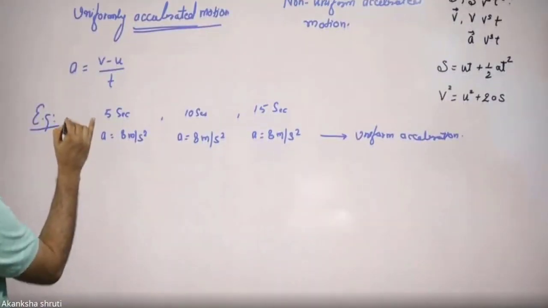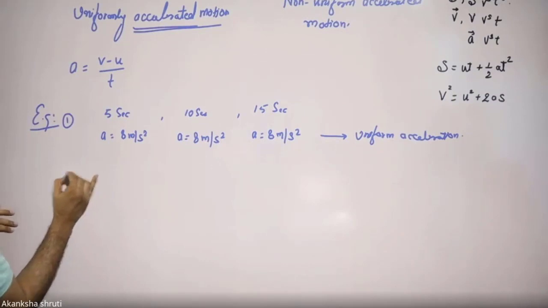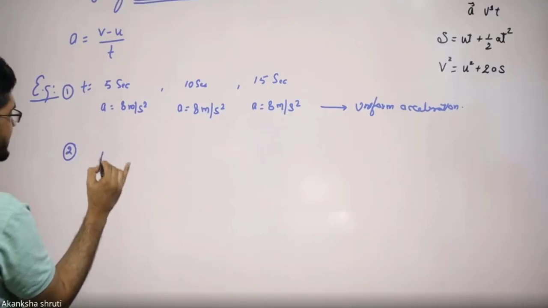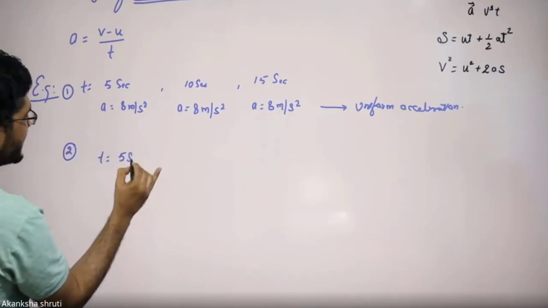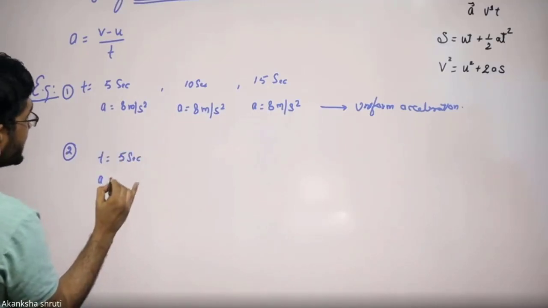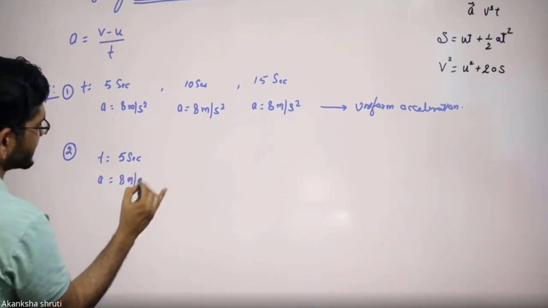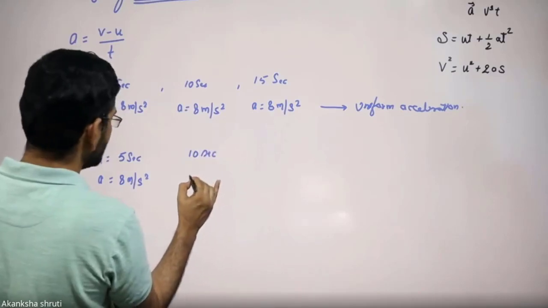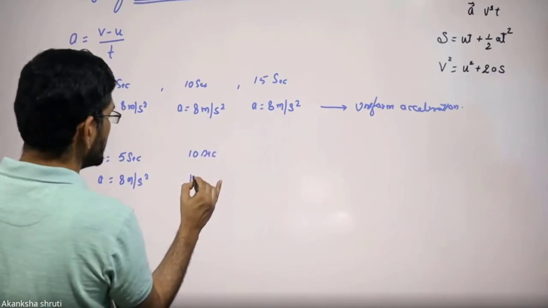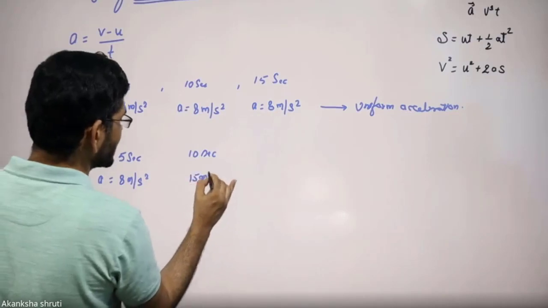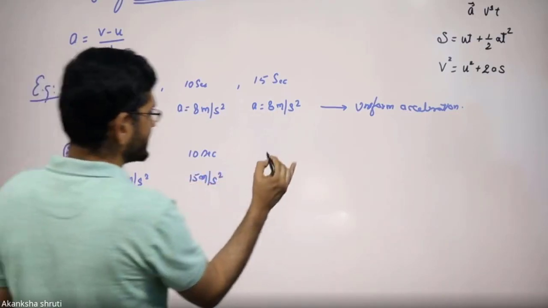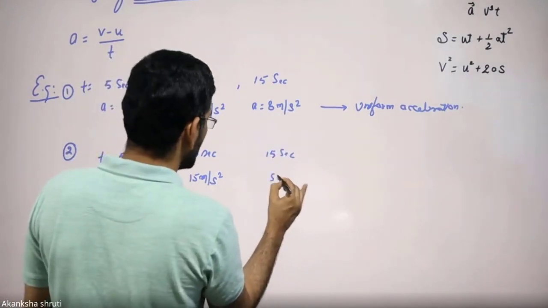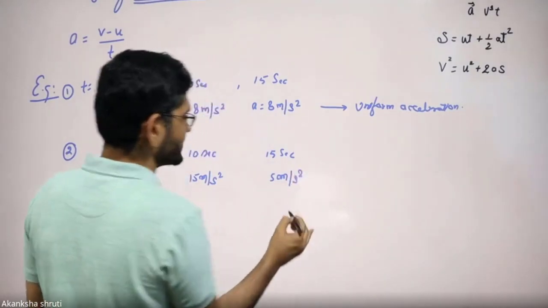But if I take another example in which the time that we are taking, say at t equals 5 seconds, the acceleration is 8 meter per second square. But at the 10th second, I observed that this acceleration has changed to 15 meter per second square. And at the 15th second, I found that the acceleration has reduced to 5 meter per second square.